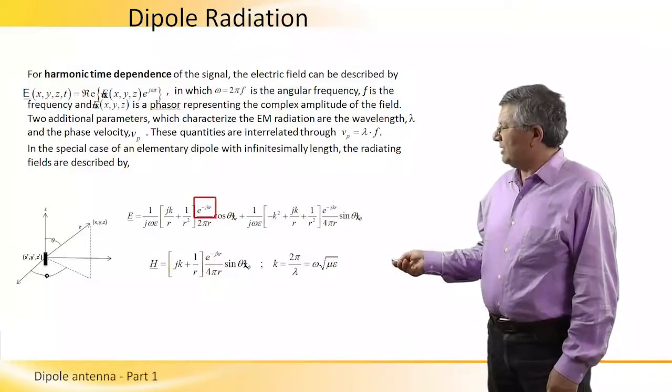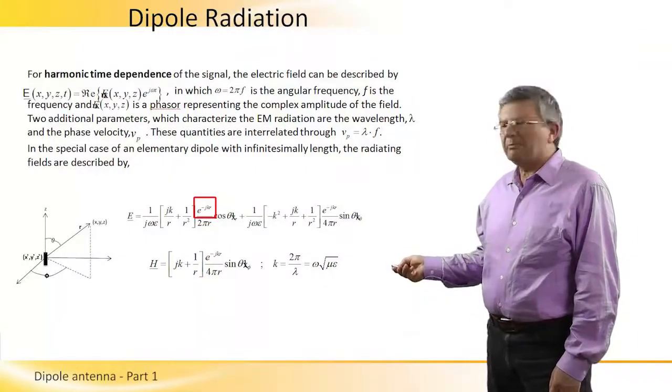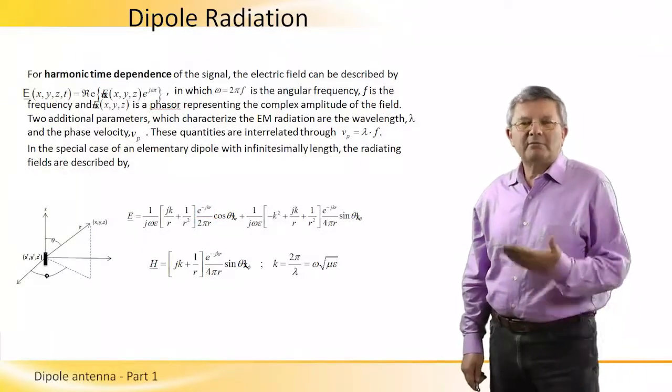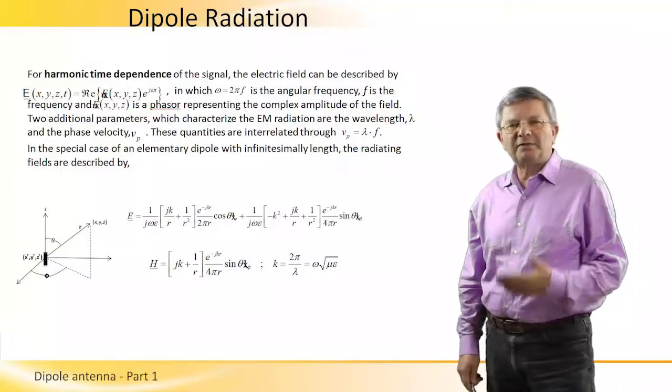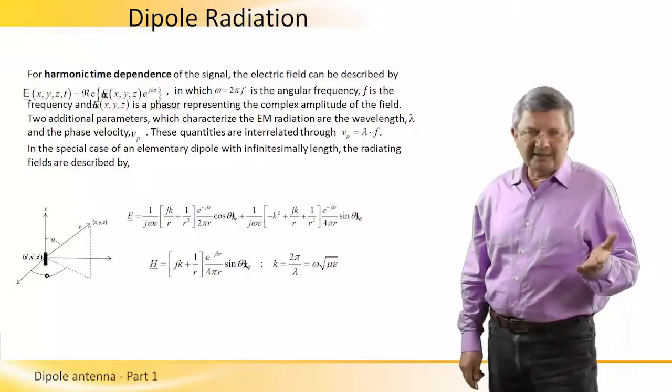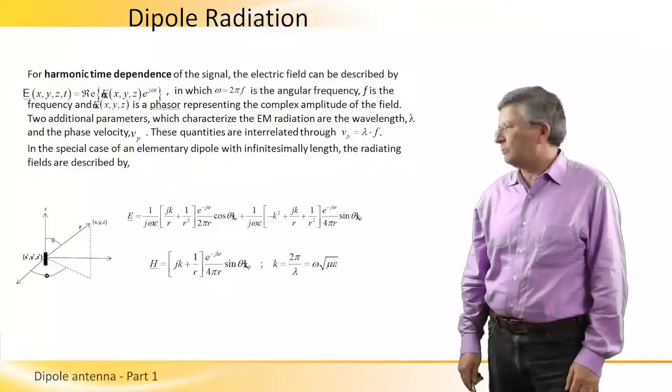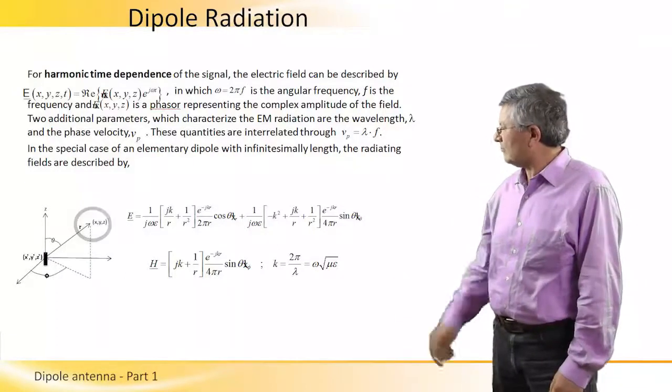The e to the minus jkr represents the phase delay between the phase of the electric field at the origin compared to the phase of the electric field at the observation point.